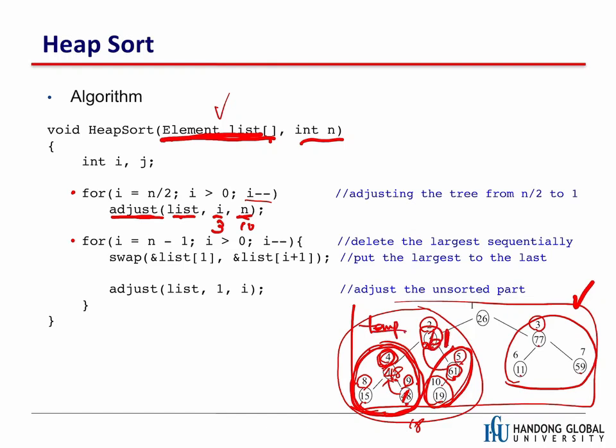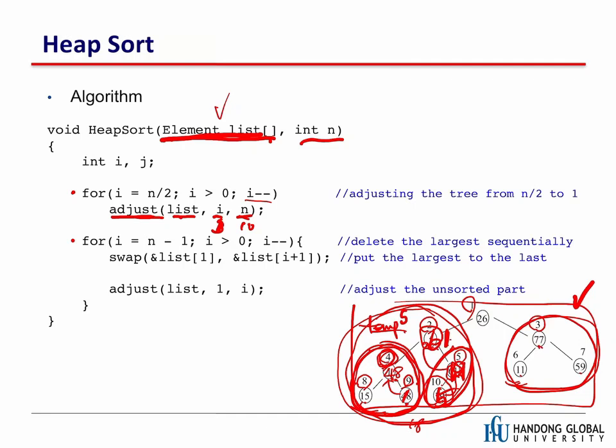But remember, this one was copied to temp. 61 will be here, and again 5 is smaller than 19, so 19 will be copied here, and now 5 will be copied here. So we have 61, 19, 5. If you look at this subtree, this one is a max heap, and this one is a max heap. Next i will be 1, and n is still 10.